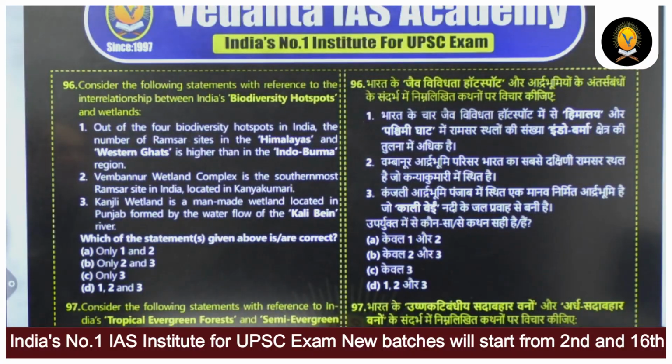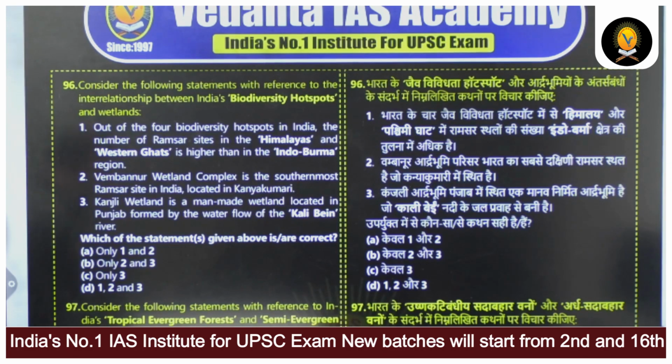Consider the following statement with reference to the biodiversity hotspots and wetlands. Out of the 4 biodiversity hotspots in India, the number of Ramsar sites in the Himalaya and Western Ghats is higher than in the Indo-Burma region. It is correct, because Western Ghats in Tamil Nadu has the largest number of Ramsar sites.